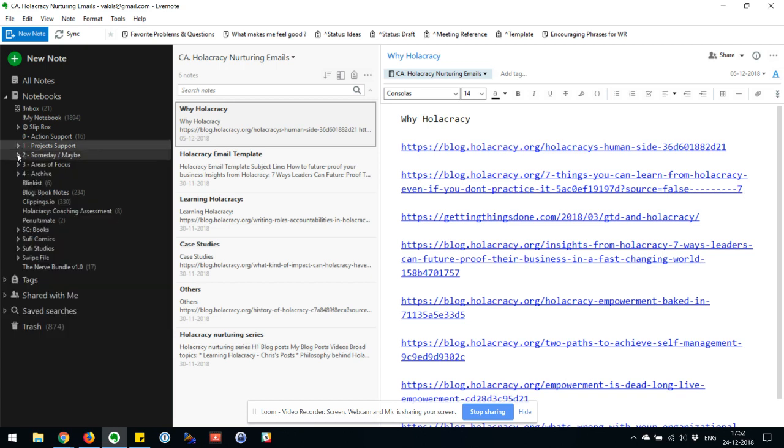The next is someday maybe. I guess this is a change from the classic PARA system. Earlier, my someday maybe items were lost in some notebook or tagged notes, and my problem was if it was out of sight, it was out of mind.